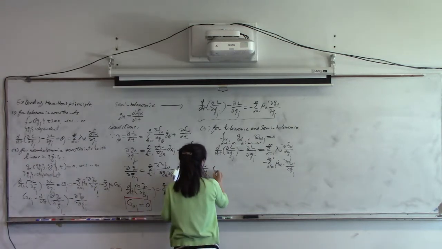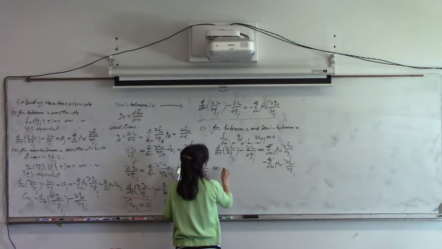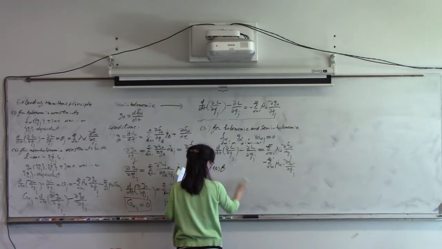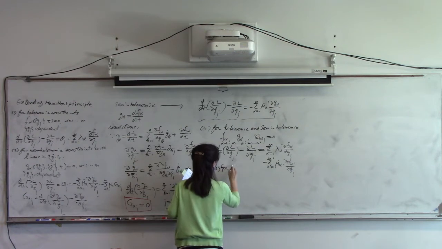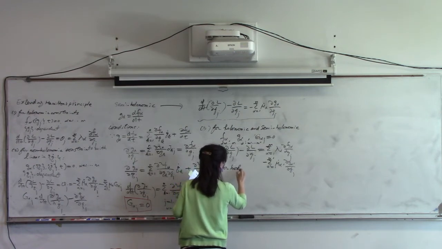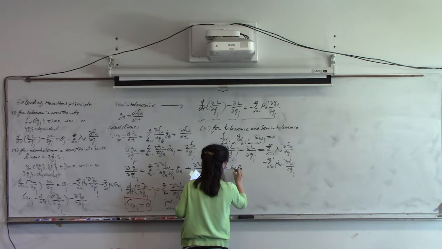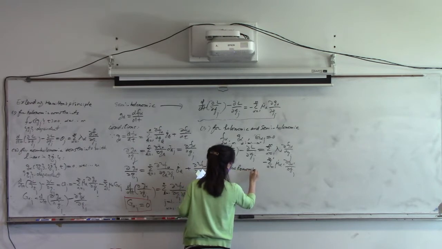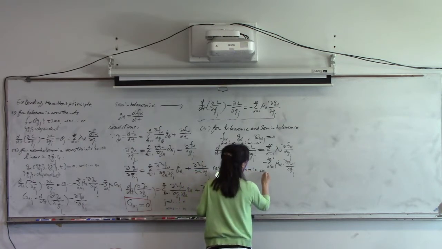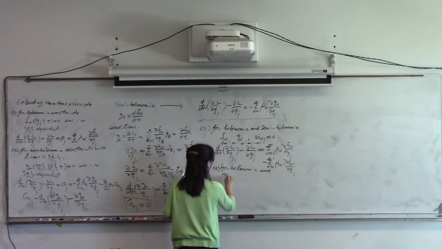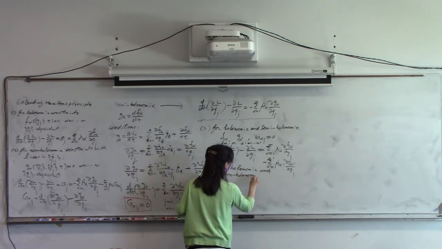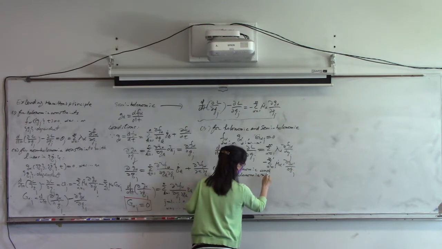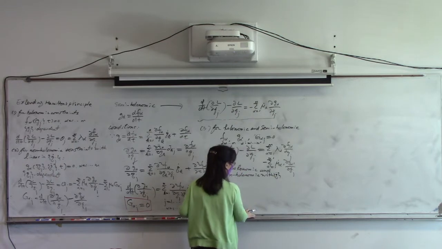Okay. Now number 4. That is for holonomic and non-holonomic, linear in q dot, right?